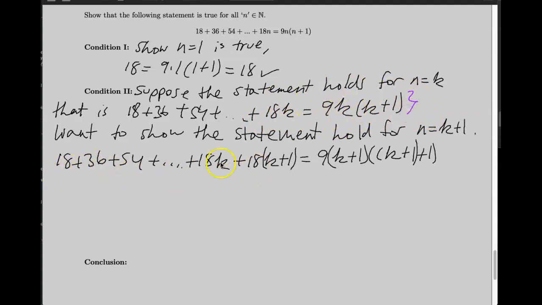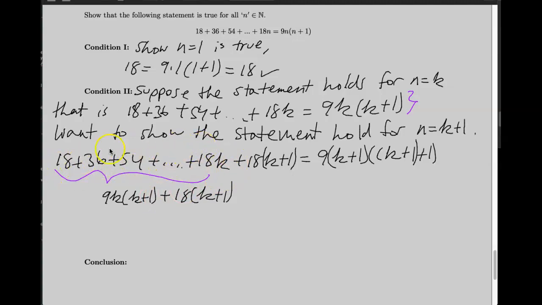And when we look at this left side, the kth statement is right here. And so what that means is that this sums to 9k times k plus 1, and then this is going to be plus 18 times k plus 1.